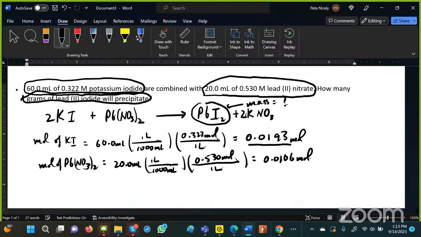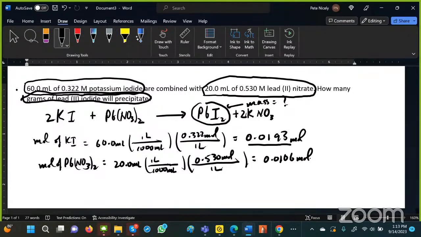All right. So let me see if you remember what we discussed in this chapter. Earlier in this chapter, in fact, I think we discussed this last class. So we have the moles of 2 reactants, and the question is asking for how many grams of one product would be produced.